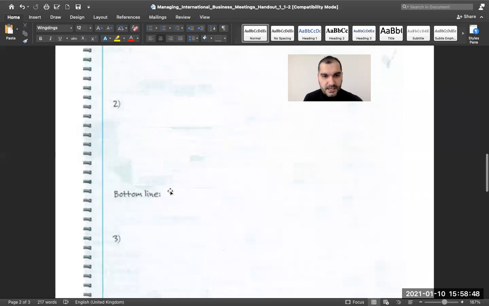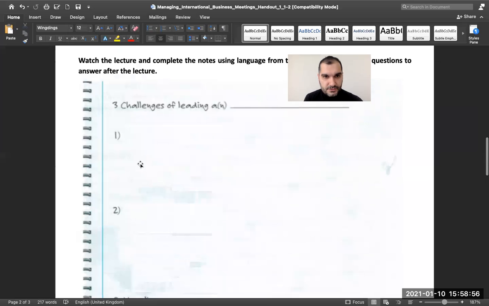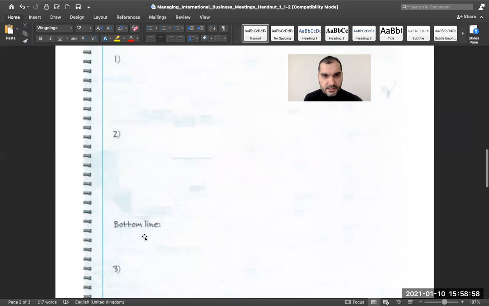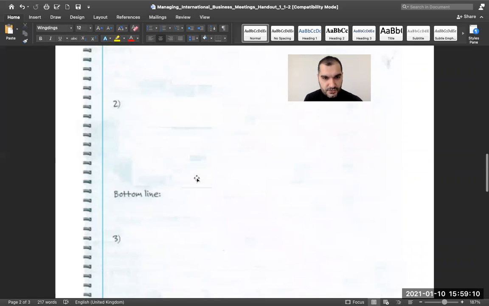And the bottom line is the most significant part of something. And again you see, not three challenges of leading, and you are required to find out what the text is about. You see, challenge of what, leading what you need to learn.